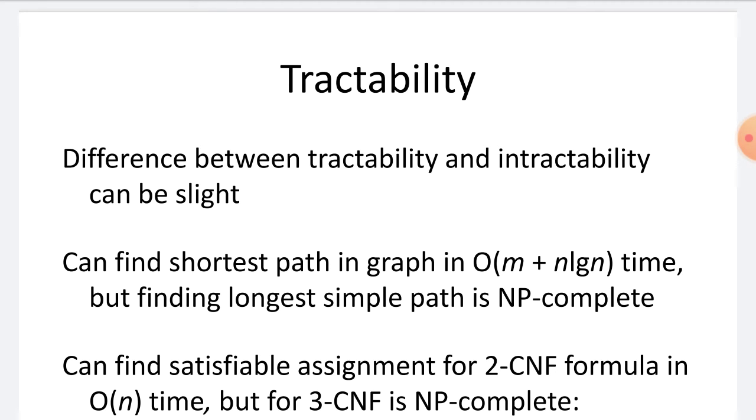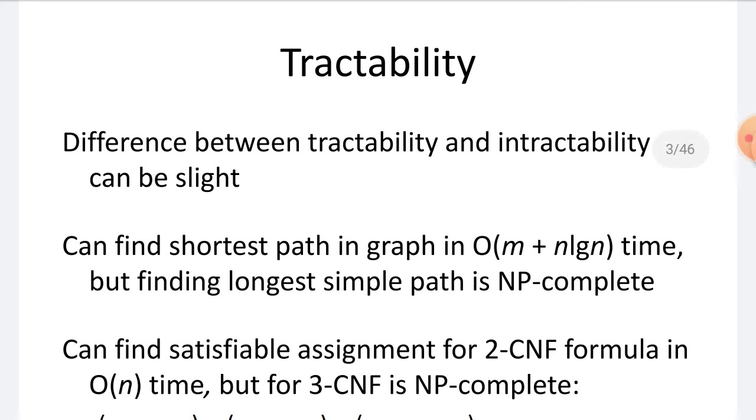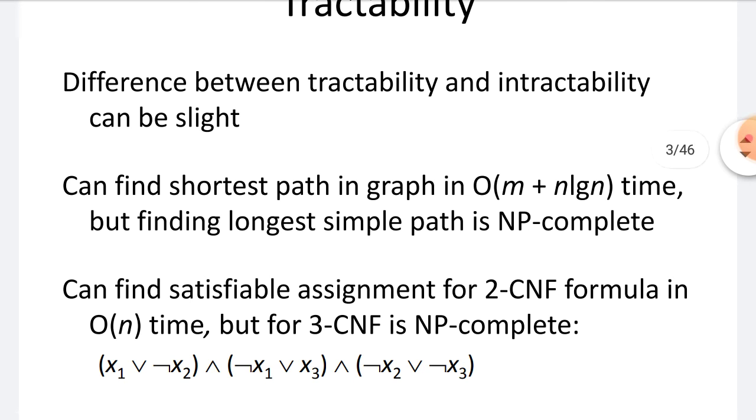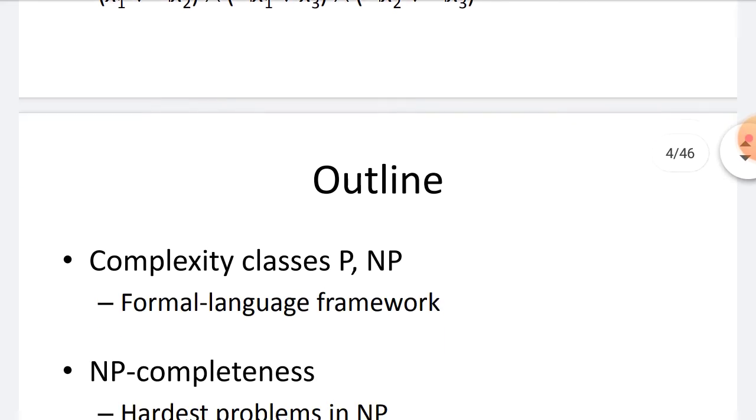You can find the assignment for a 2CNF formula in order of n time, but for 3CNF it is NP complete. So here is the expression for that, and the outline.